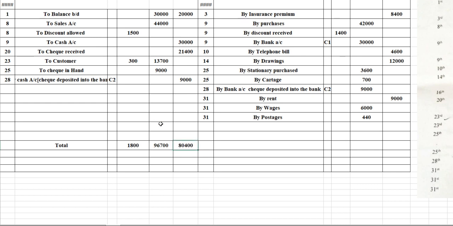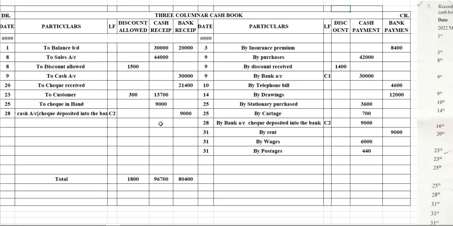The sum of this is 80,400. The same here, there is nothing in the discount column, so the total this side also I will take as total. 1,400 is the total. Now we need to take this 96,700 this side, and this side also we need to take this 80,400, and the difference, the total of this is 91,740. If you use a calculator and check, the total is 91,750.